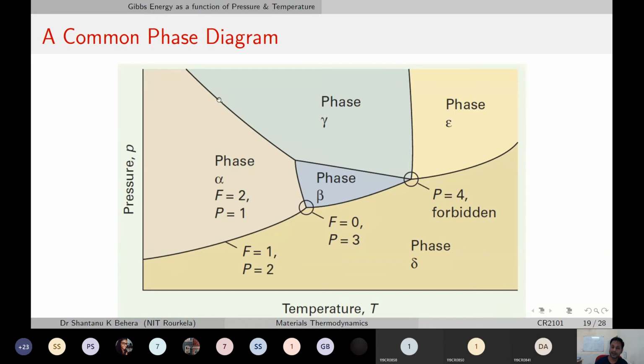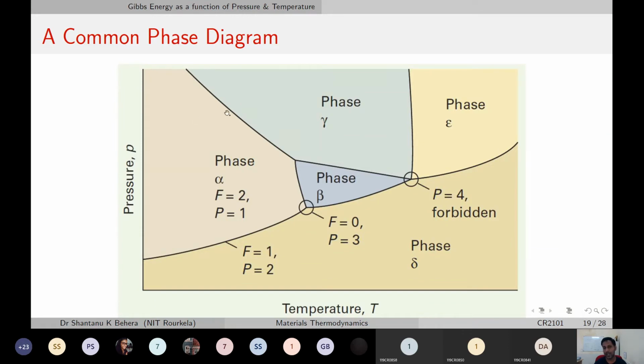But when I come here, when I cross this temperature at this pressure, if I start increasing the temperature, it'll still remain alpha phase, but it's about at this point that I'll start getting the first formation of the gamma phase. And if I keep going to the right, it might so happen that all of my alpha phase will be converted to the gamma phase.